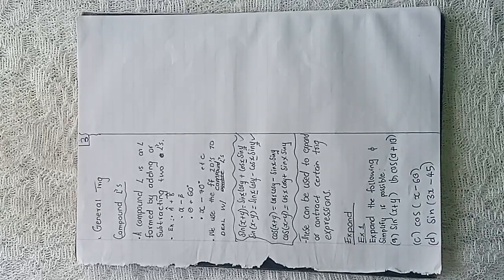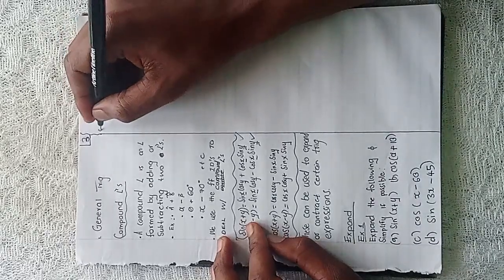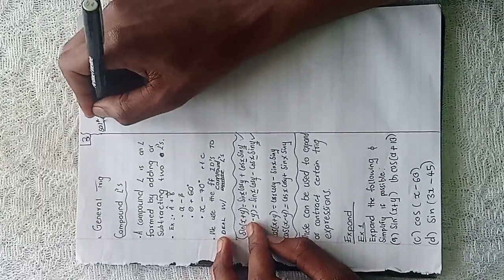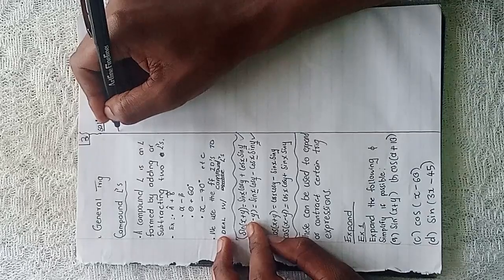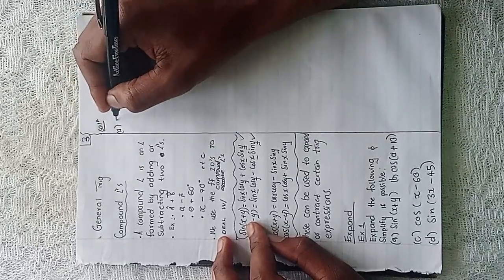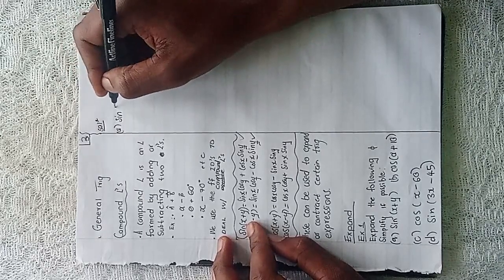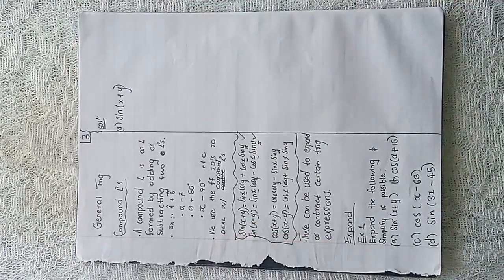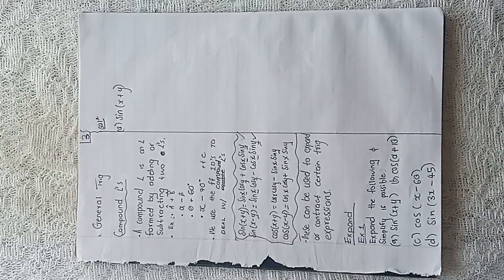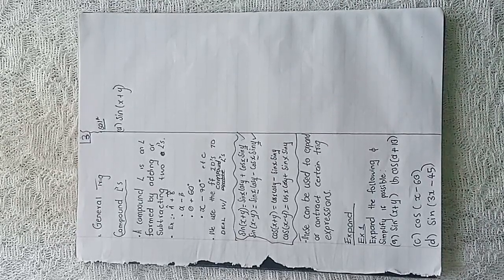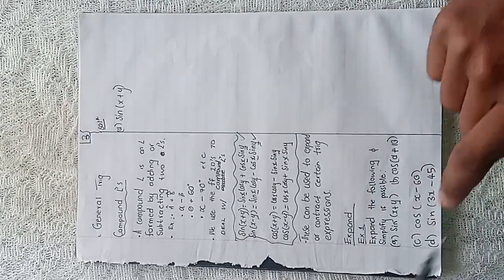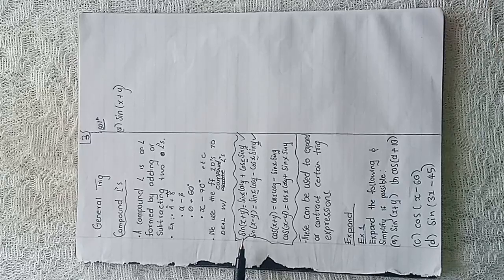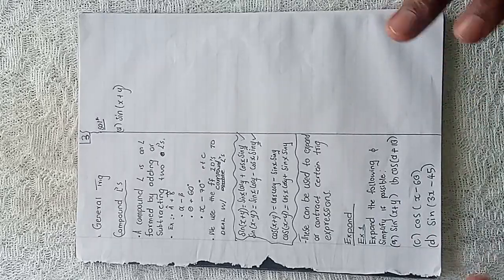Solution. Let's look at A, which is sine of x plus y. How do we expand this? We use our compound angle formulae, and we must choose the right one.